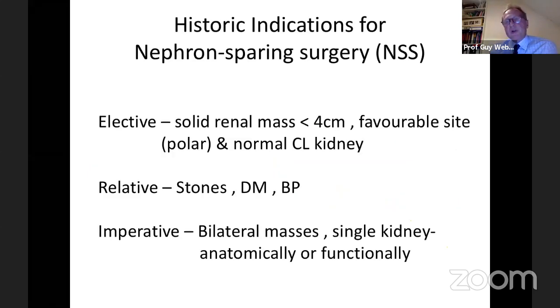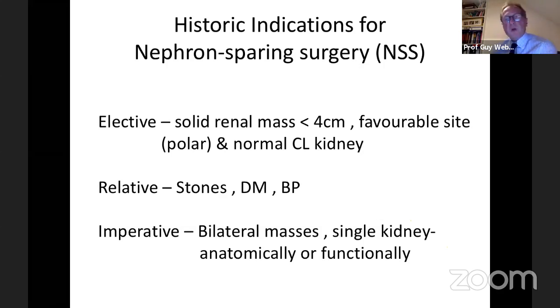So the historic indications for nephron-sparing surgery were elective, relative, and imperative. So there were the imperative ones: bilateral tumours, single functioning kidney, a bit like the indication for a biopsy. It's the same reason.